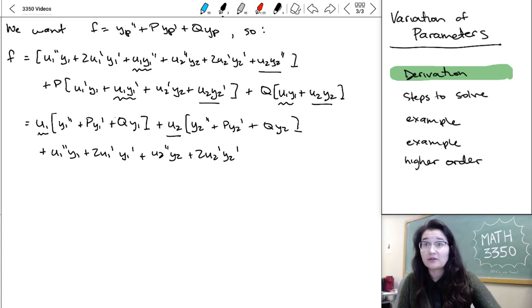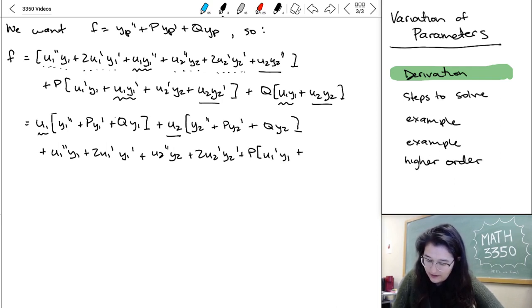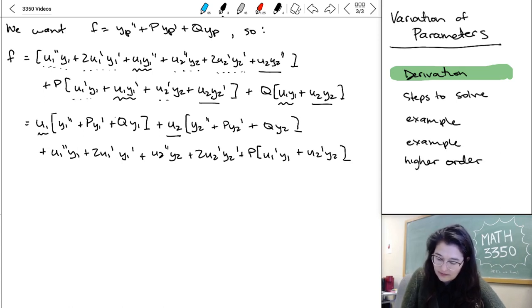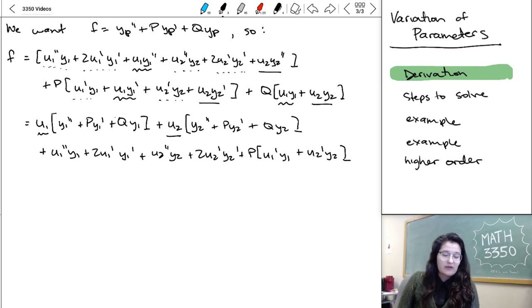So just want to make sure I'm actually getting everything. Got that one, got that one, I have that one, and that one. Great, and then plus p times u1 prime y1 plus u2 prime y2. Got those last ones. Those are all my leftovers. We're not going to do anything with them yet.